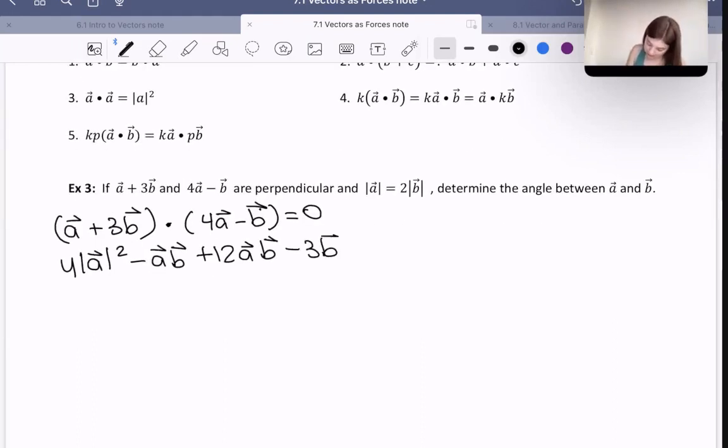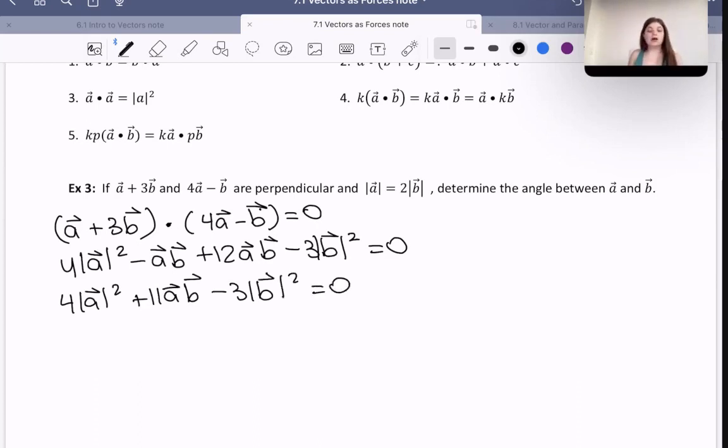Minus 3b squared, like that. Awesome. Okay, now we can collect like terms. Okay, what do we do next?